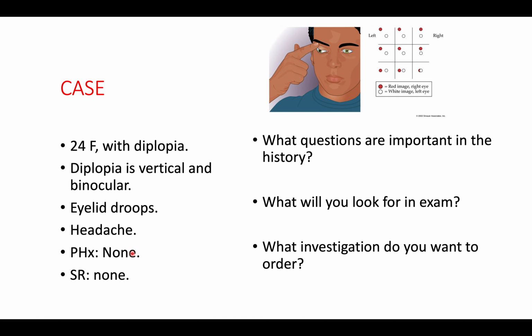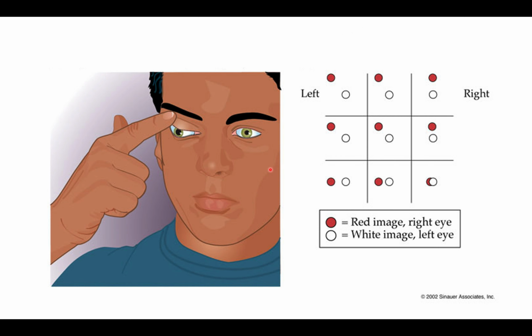Past history is negative, and systemic review is negative. So what questions are important in the history, and what will you look for in exam, and what investigation do you want to order? So this is like a homework. Think about it, and please answer it to maximize your understanding.